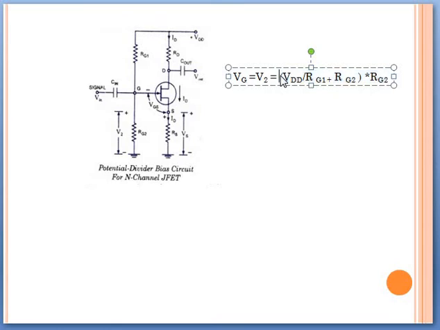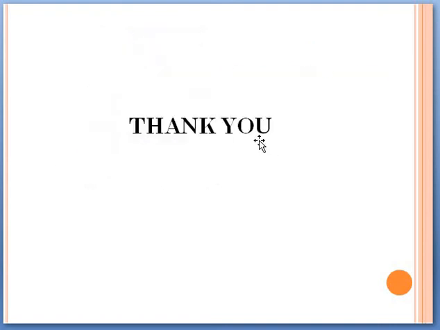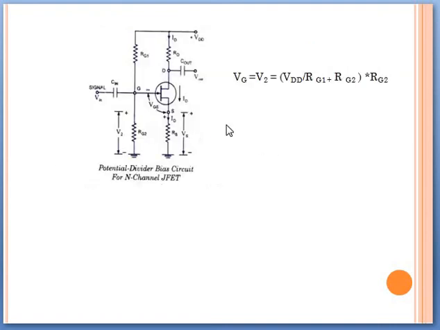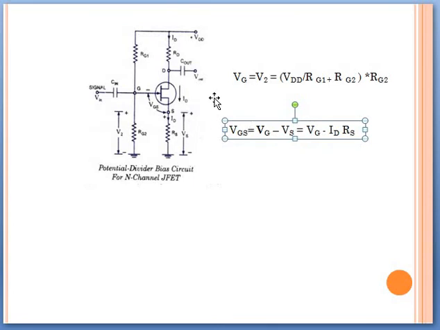This is the resistance voltage divider equation, or resistance voltage divider output. Now when we apply KVL across the input circuit, VGS is equal to VG minus VS, which is VG minus IDRS, and we have calculated VGS.